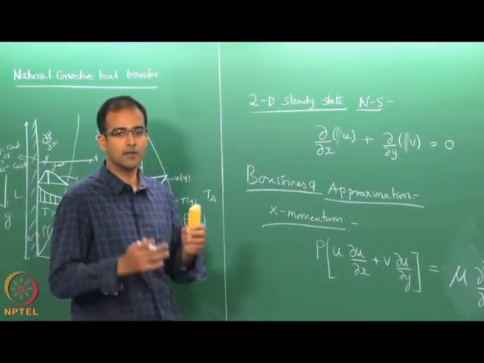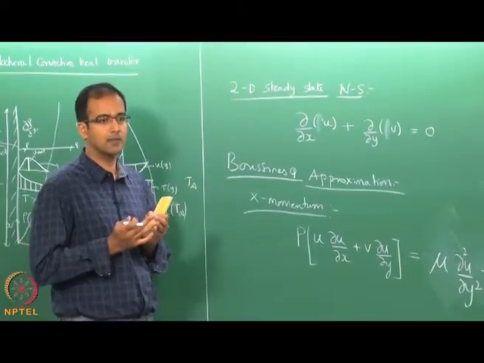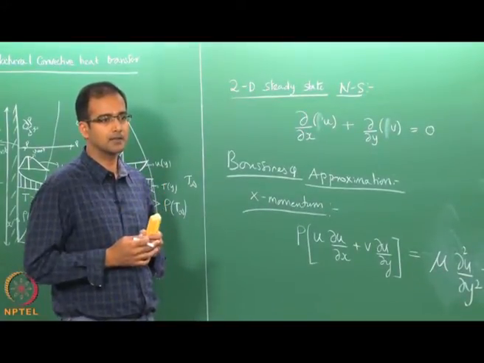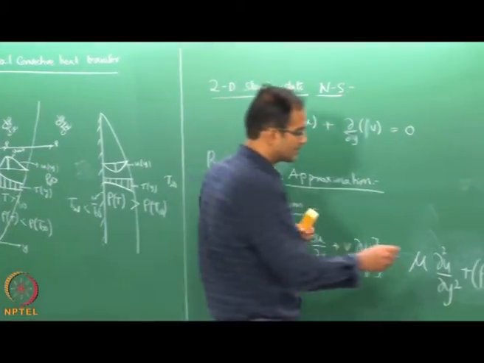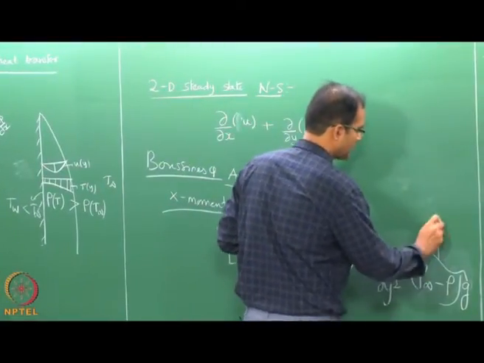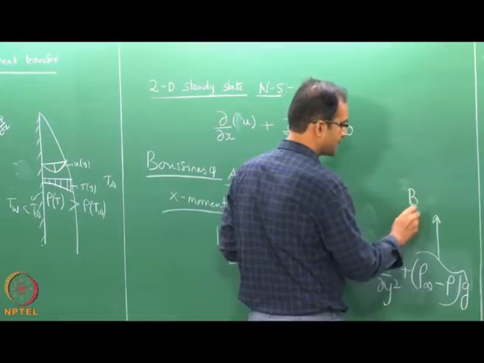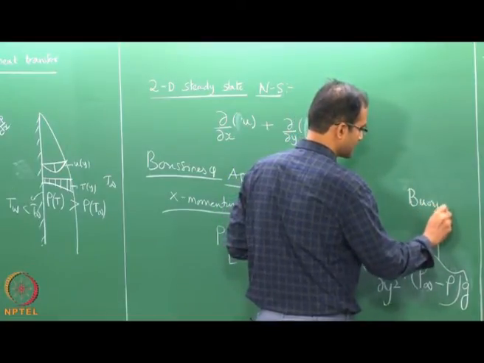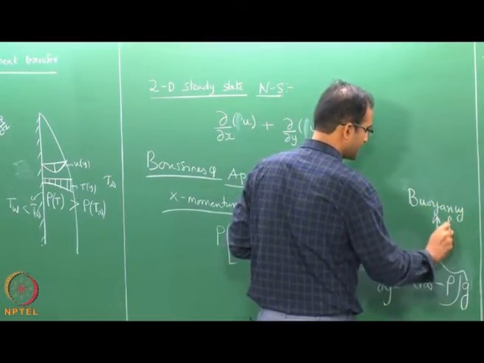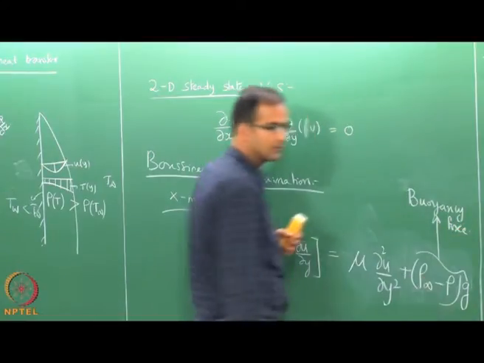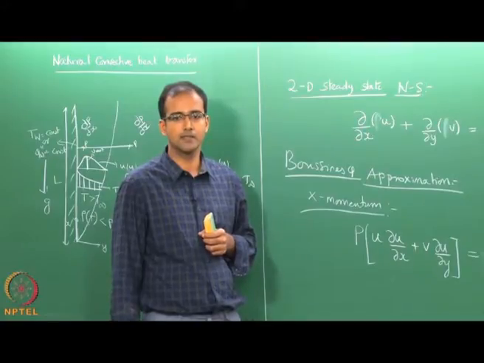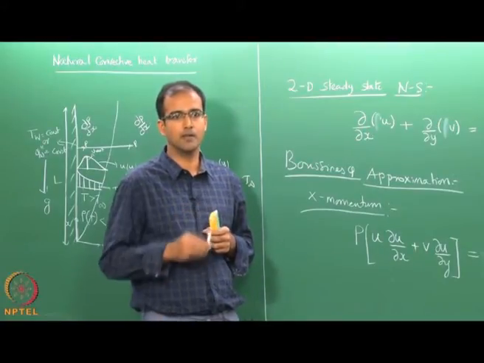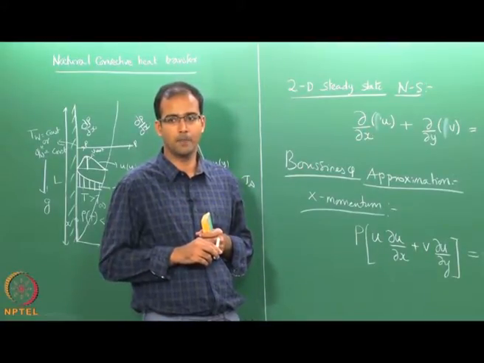The effect of rho infinity g is coming from dP by dx, and the default body force is rho g. So, this difference rho infinity minus rho, what is this force? This is your buoyancy force. So, this is the net buoyancy force which is now driving the momentum in the natural convection.